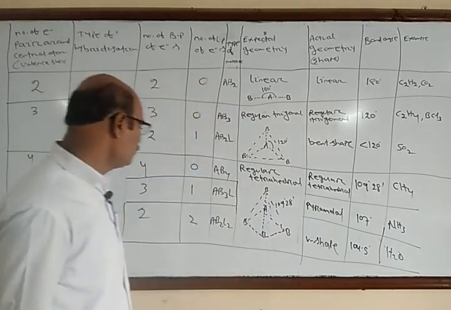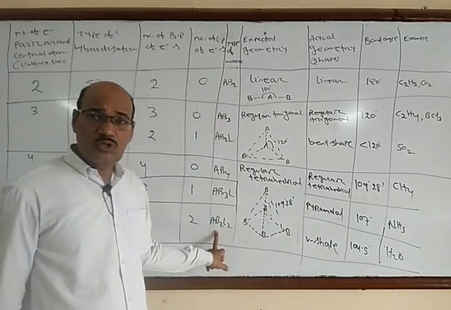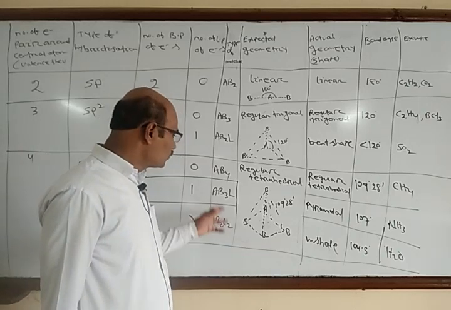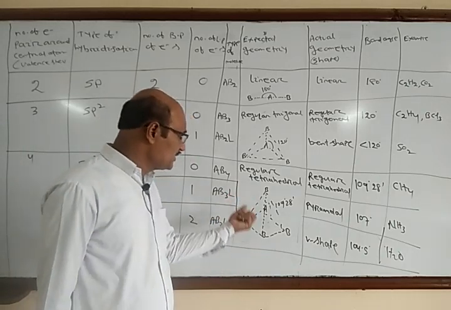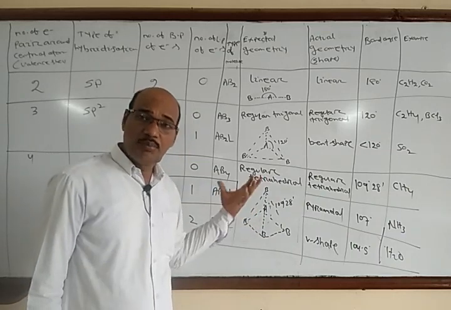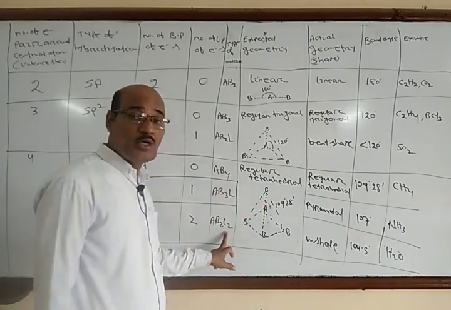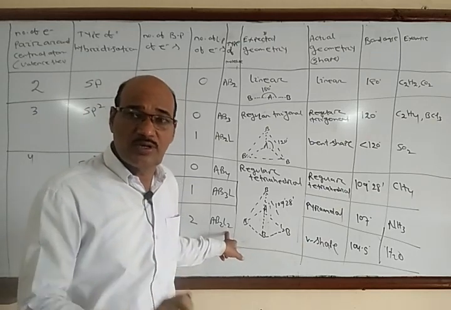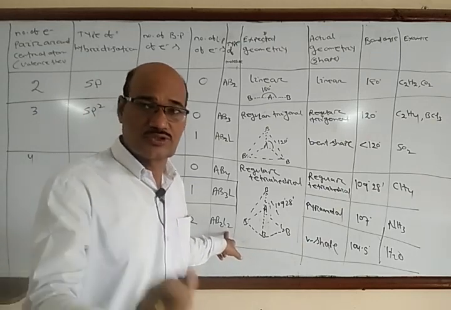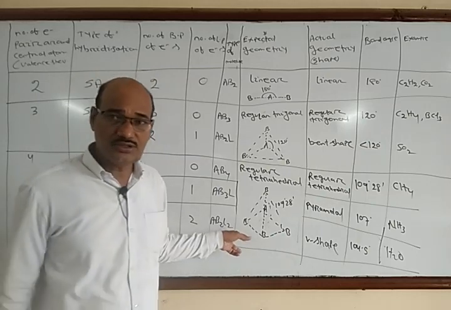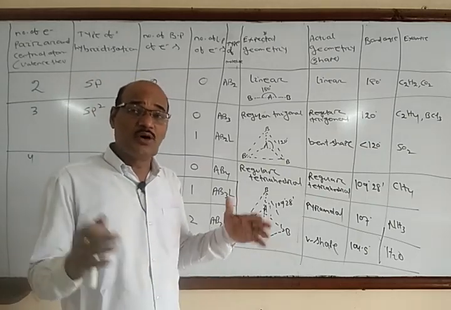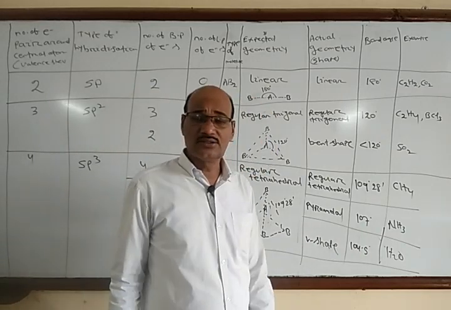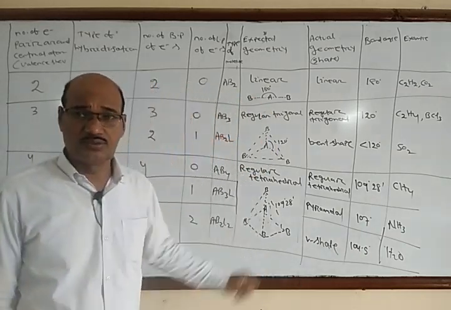And when you come to AB2L2 type, here also, though the geometrical arrangement is regular tetrahedral, due to the presence of 2 lone pairs of electrons, there occur lone pair-lone pair and lone pair-bond pair repulsive interactions. Due to this repulsive interaction, the bond angle reduces to 104.5 degrees, and hence the shape becomes V shape.